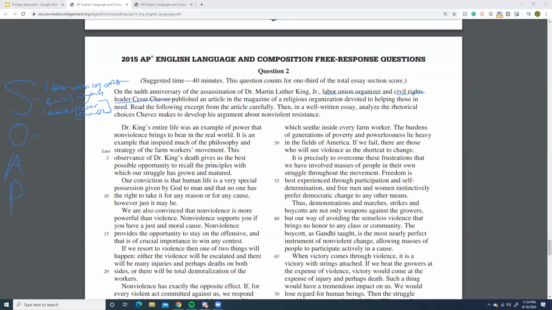All right, so the occasion. It says on the 10th anniversary of the assassination of Dr. Martin Luther King Jr., he published an article.